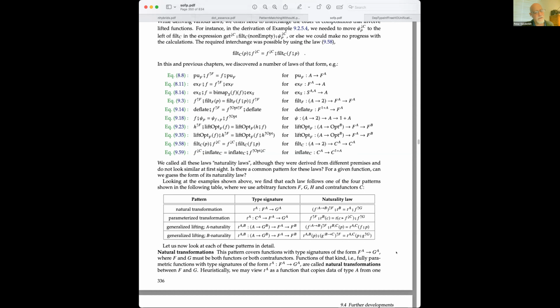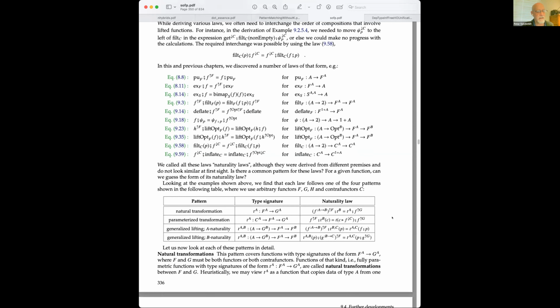Because other than that, I'm not so sure how useful the naturality laws are to a programmer. Right, interesting to people who are proving stuff about these structures.